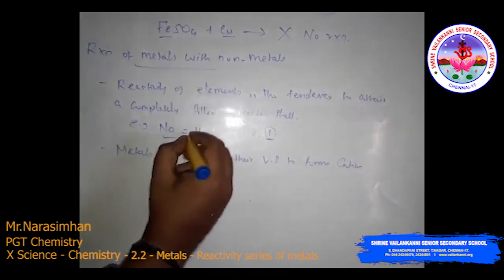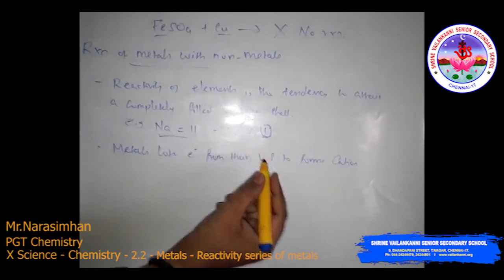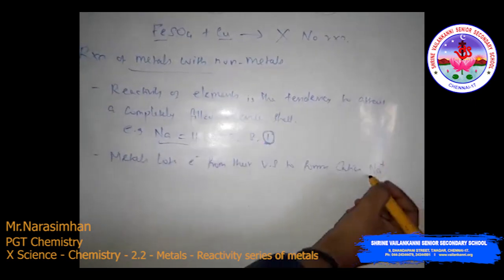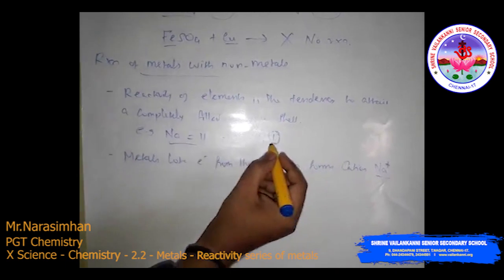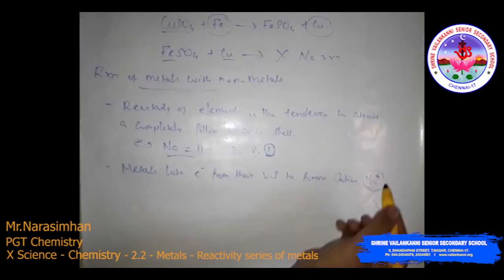Here, look at the sodium atom. What happened? Only one electron is in the valence shell, so there is a loss of one electron, and it becomes Na plus.